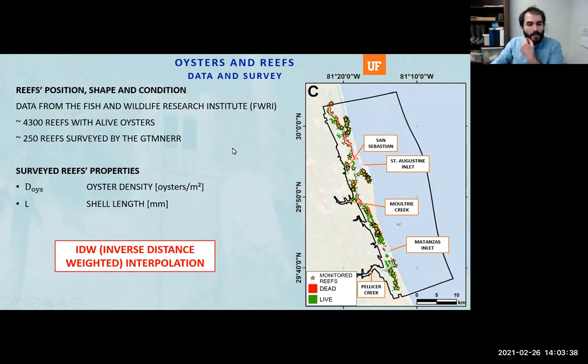They surveyed a lot of data. We took only some of it, the oyster density and the shell length. And what we did was to take the data from the monitored reefs, which are described by the stars in the image, and using an inverse distance weighted interpolation, we simply defined these values inside all the green dots inside the area.